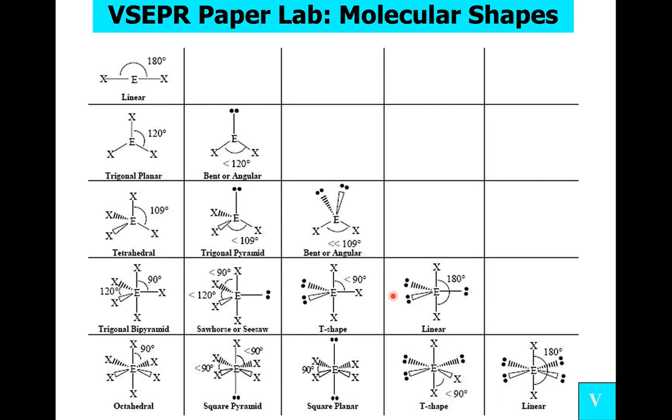Here are all of the structures of the various types that you would need to know, all 15 of these. Let's take, for example, this tetrahedral structure. If we have a central atom with four atoms bonded to it, then we just call it tetrahedral.